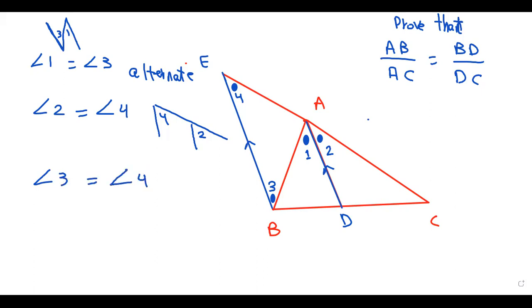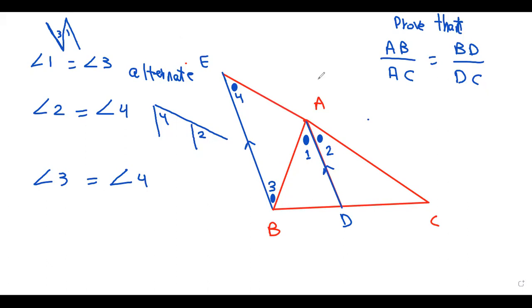And from that, because we have two equal angles in this triangle, angle 4 is equal to angle 3, we have two equal sides. The side AE is equal to the side AB.